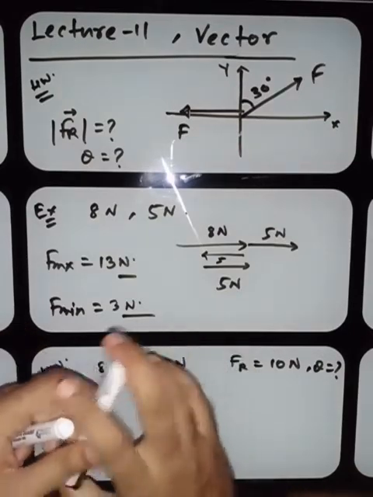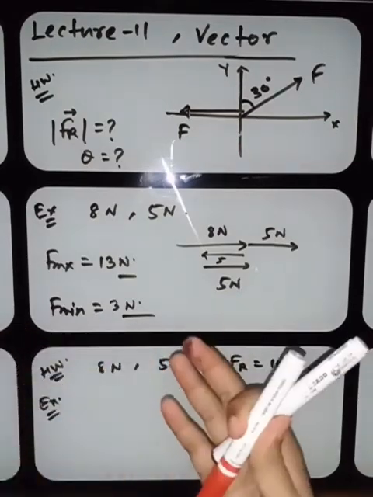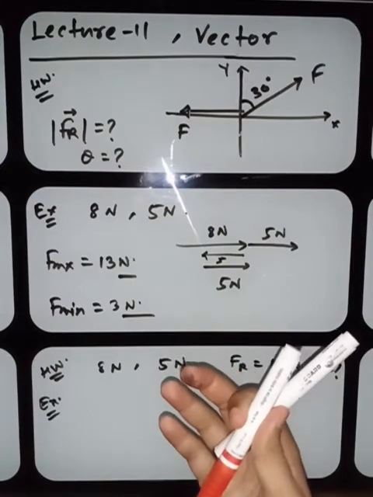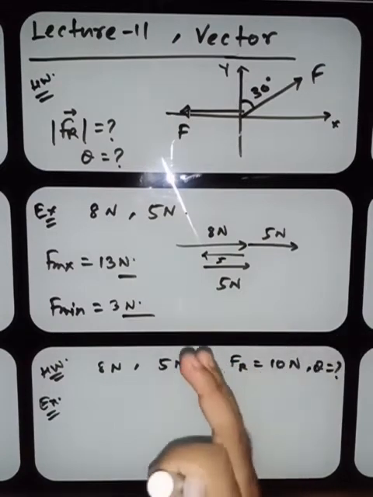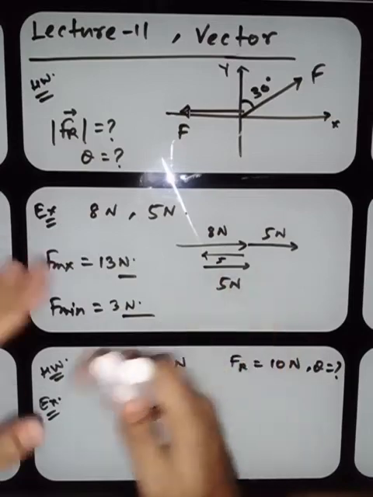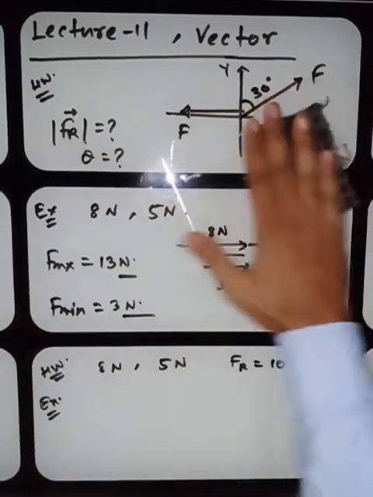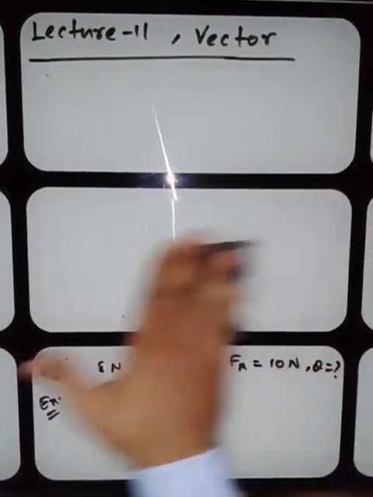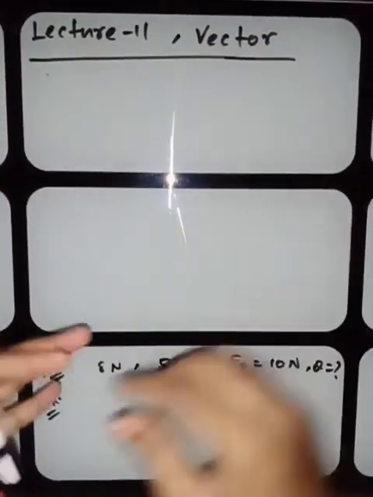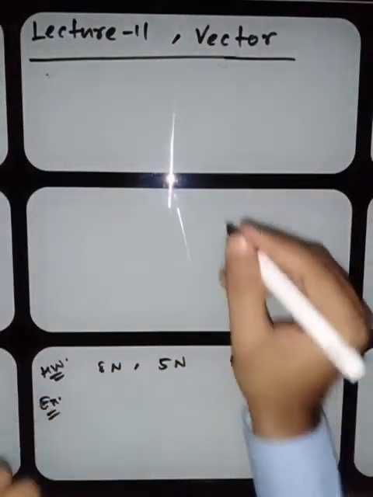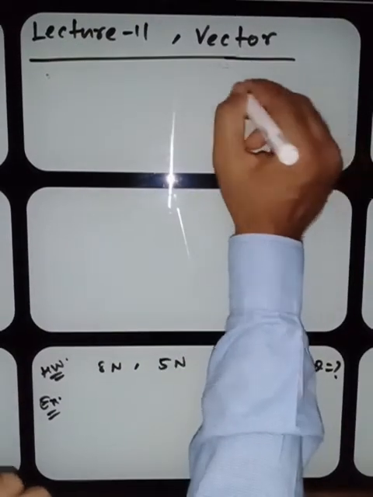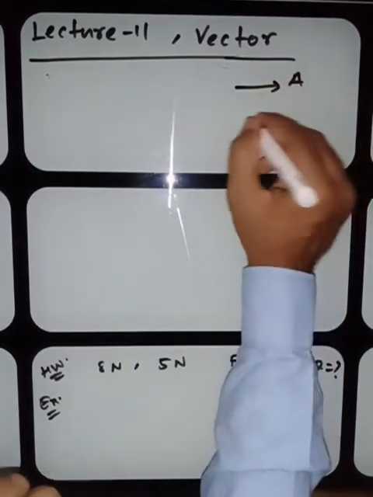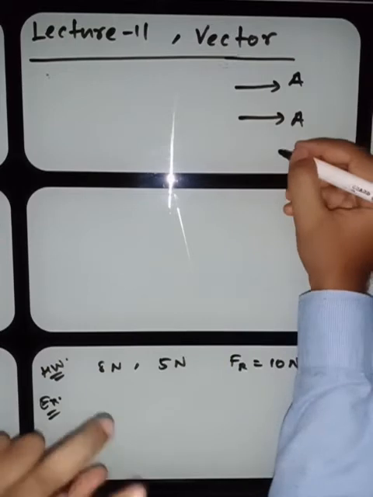Now another example. At what angle should two vectors be inclined to have a resultant magnitude the same as either vector? This is very important. Let me solve this question. You have two vectors: suppose one vector is A and the other vector is also A, two identical vectors.